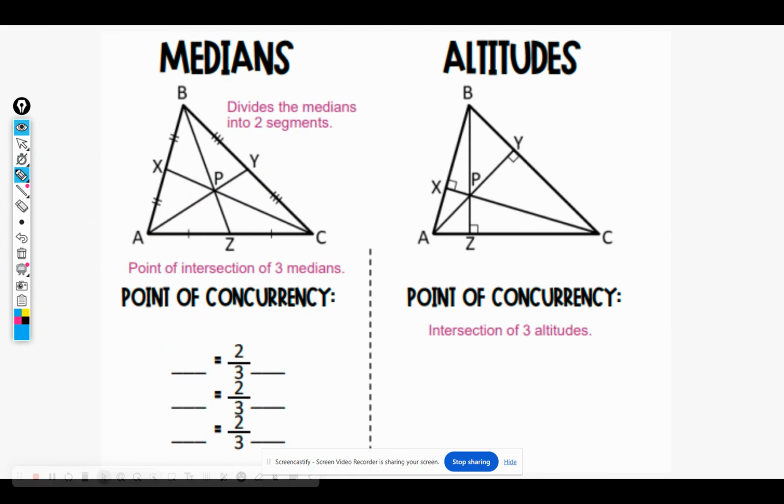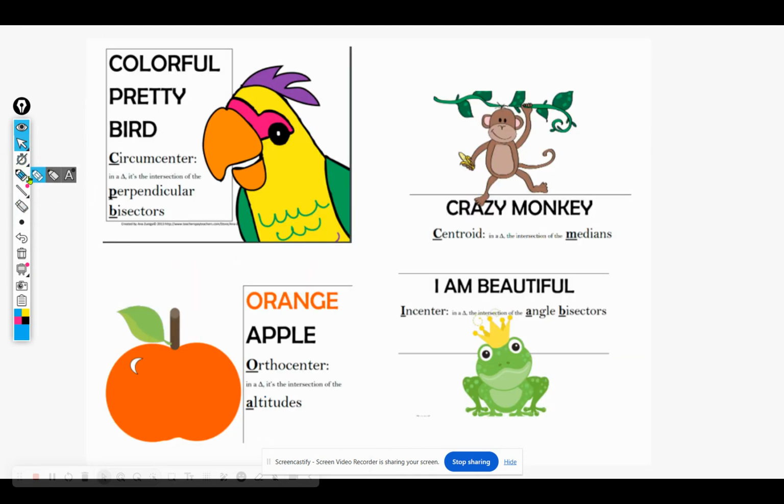Now, let's look at some problems in solving for centers. But before we do that, let's talk about this. We have colorful pretty bird. That's the same thing as the circumcenter and the perpendicular bisectors. This is just words to help you remember each center. Just the initials: colorful pretty bird, circumcenter, perpendicular bisectors.